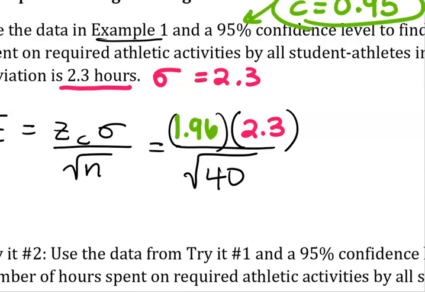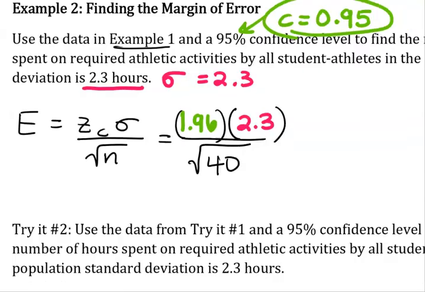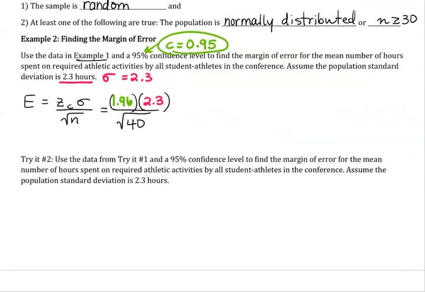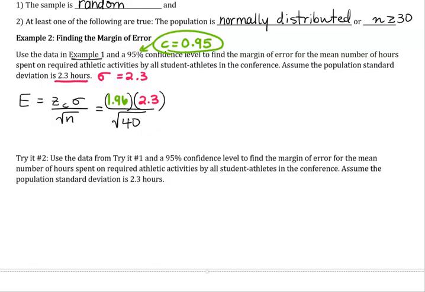So that is the critical value when we are working with a 95% level of confidence. This comes out to be 0.7 for that margin of error.